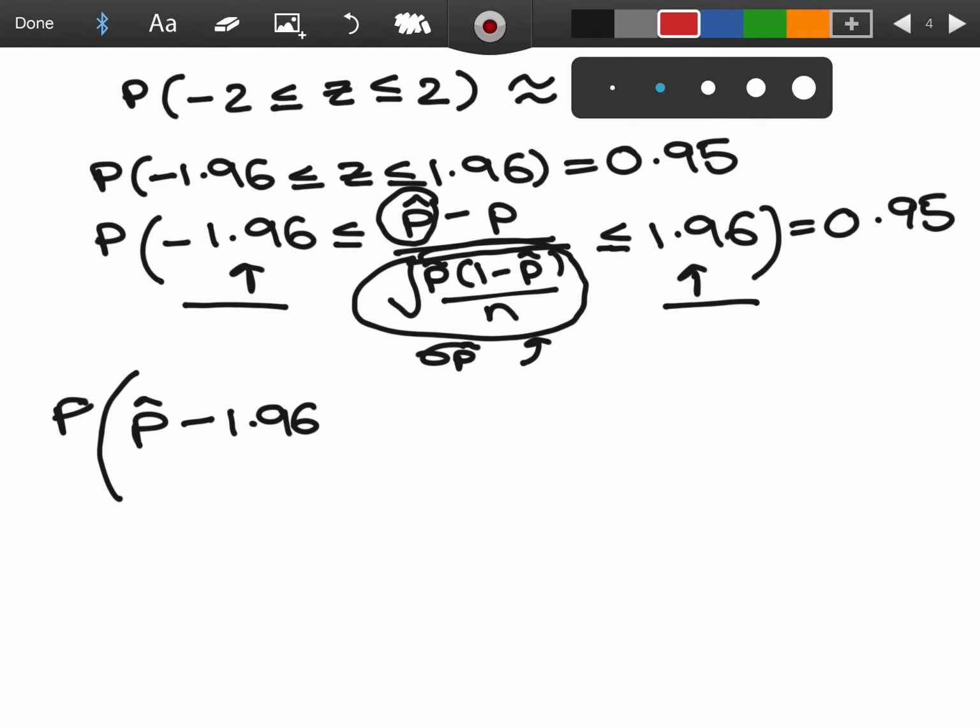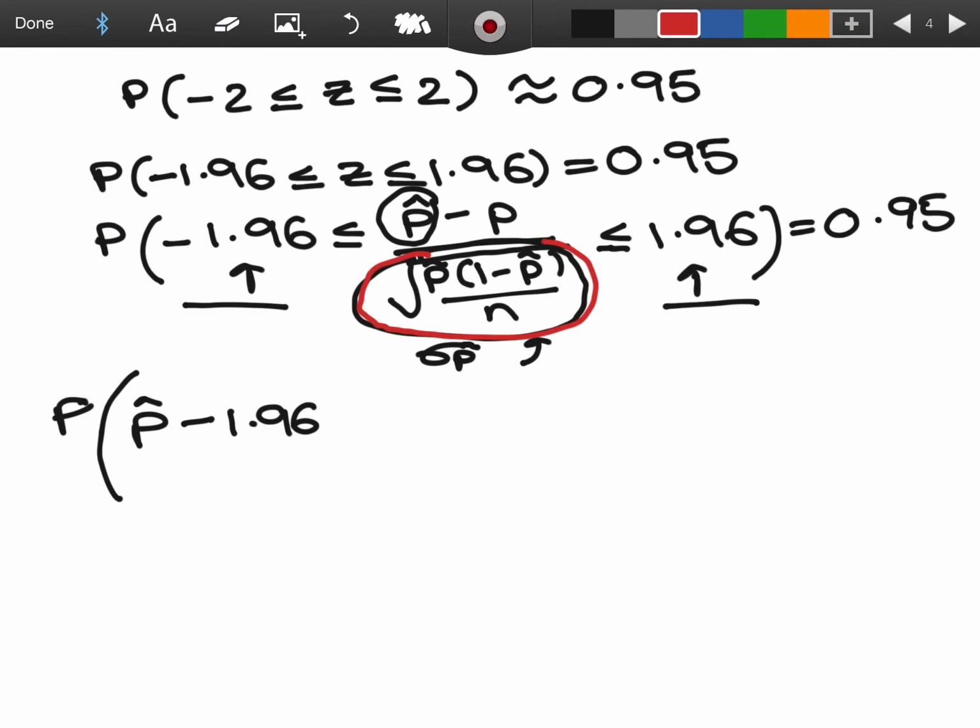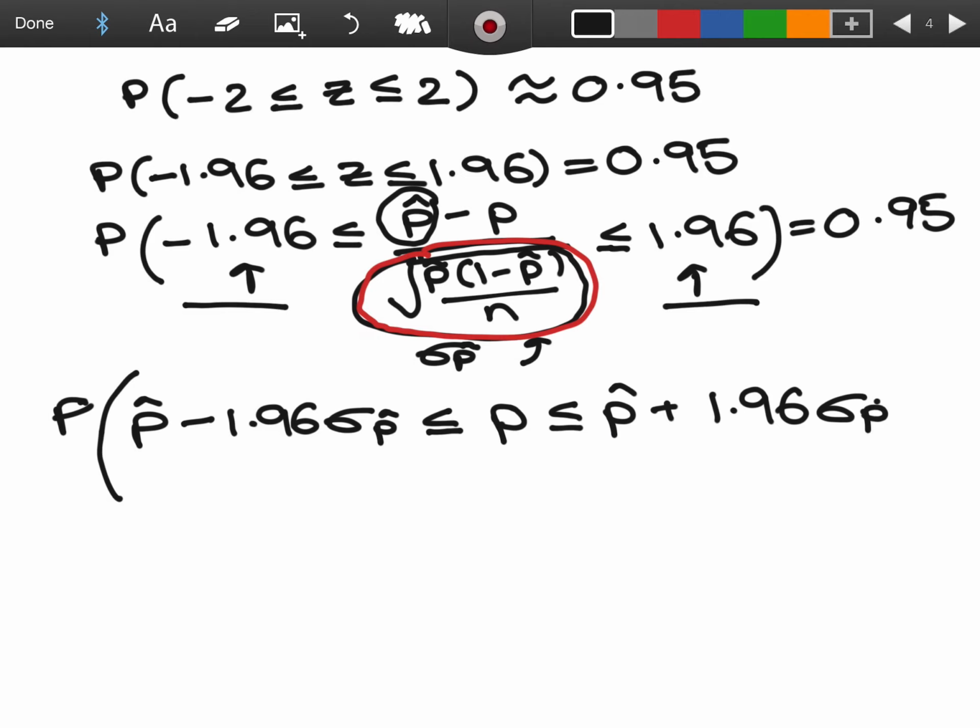When I talk about the standard deviation of the sample proportions, it was this term here. So I'm going to shorthand that to just be sigma of P hat, is less than or equal to P, which is less than or equal to P hat plus 1.96 times that standard deviation term, is equal to 0.95.